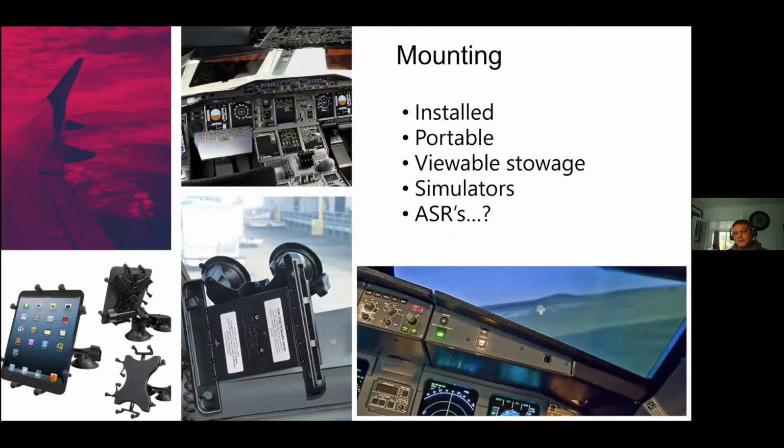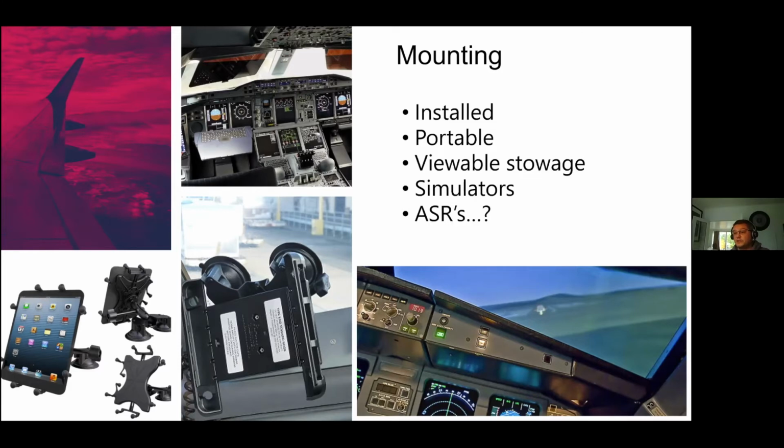There are a number of different mounting devices and different ways of mounting an EFB that you can do now on the back of the classification changes. We've got installed, which is more expensive, and an engineering STC is required. The portable way of mounting is cheaper, but it has to be stored if it's handheld below 10,000 feet, if you're using an old Class 1 device.